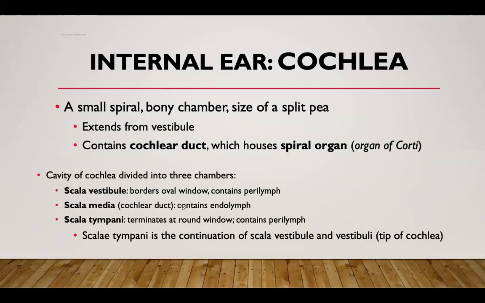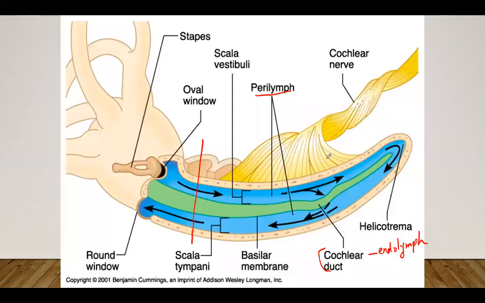Okay, so reviewing the names, if you're looking at your cochlear duct, the area that you see right here, where the oval window connects. Here's your stapes, the last ossicle. Here's the connection point, which is the oval window.